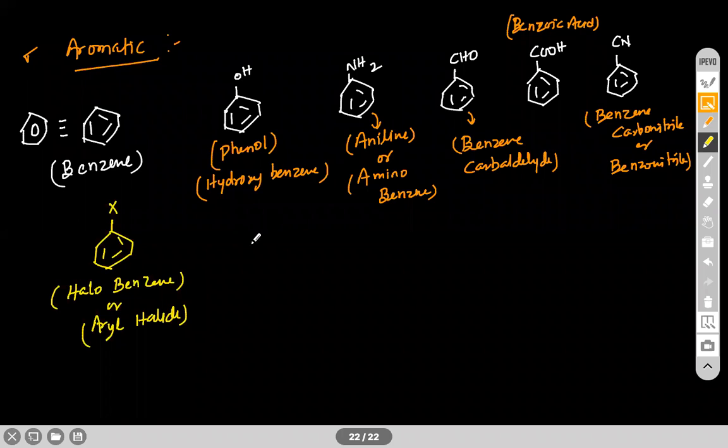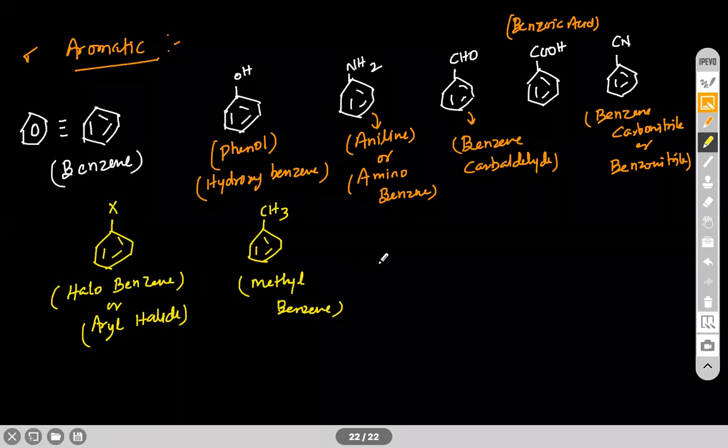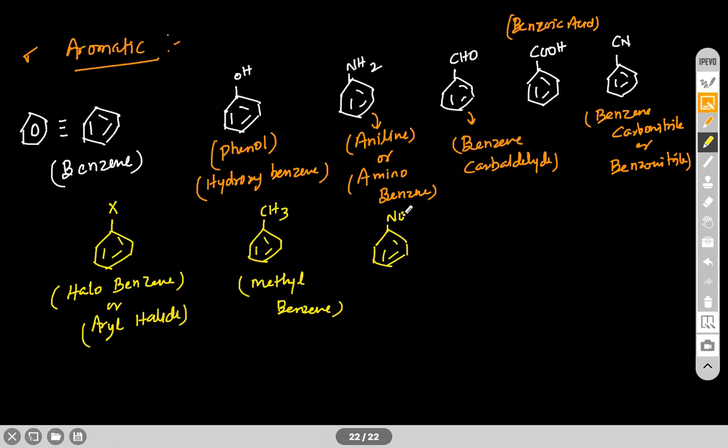What is the name of this compound? This is methyl benzene. NO2 on the ring is nitrobenzene.